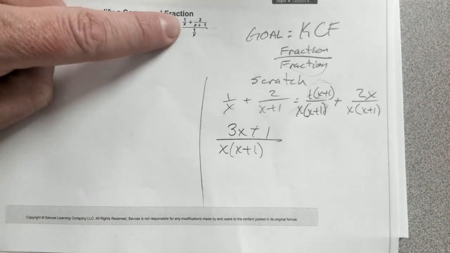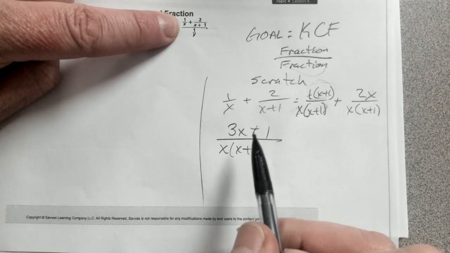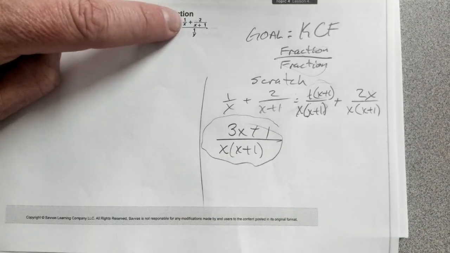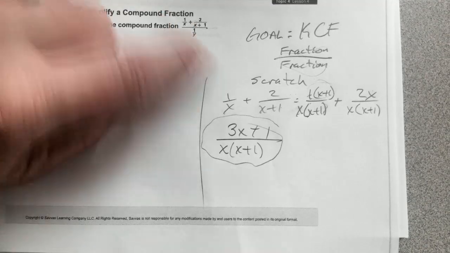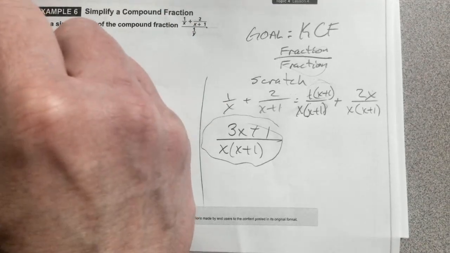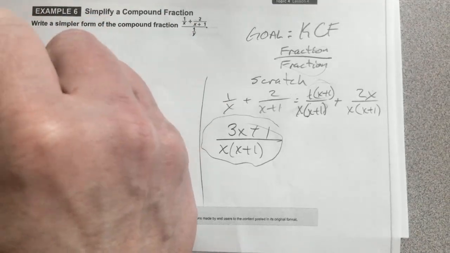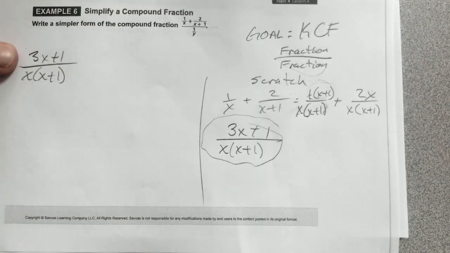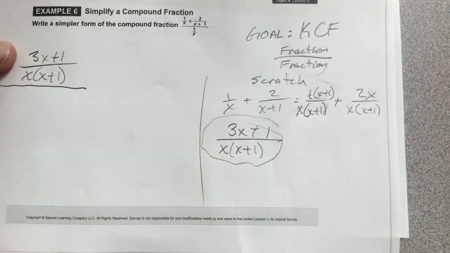So the numerator of our compound fraction is this. Instead of fraction plus a fraction, I now have one fraction: 3x plus 1 over x times x plus 1. That's my numerator, all over 1 over y.